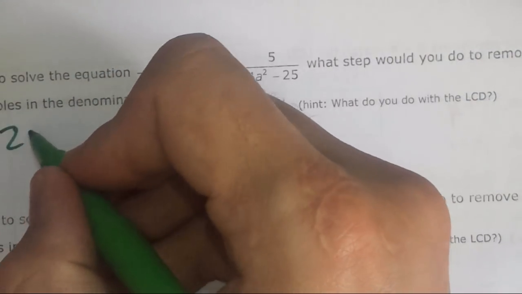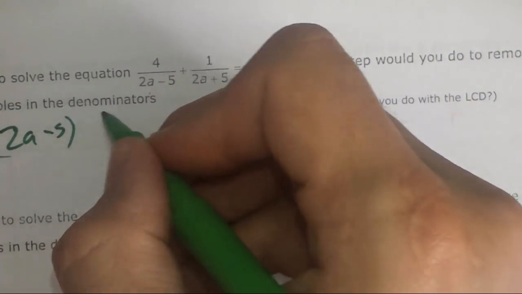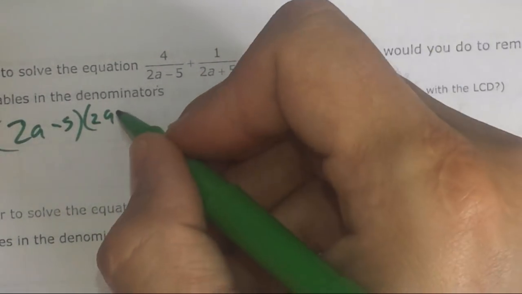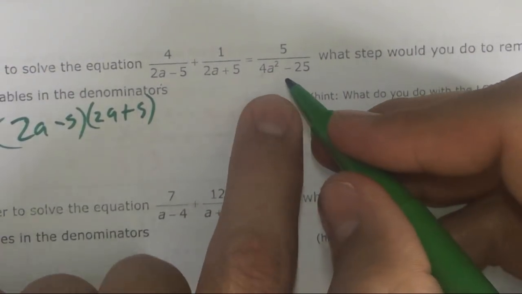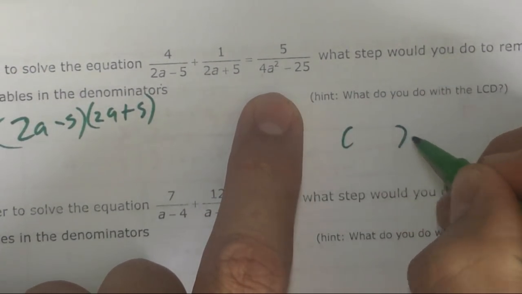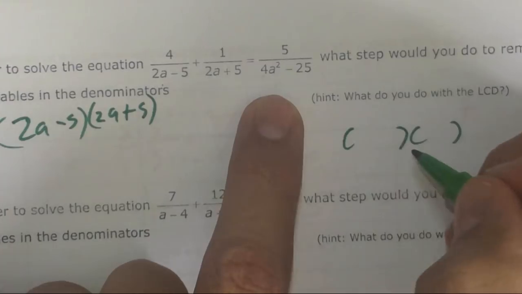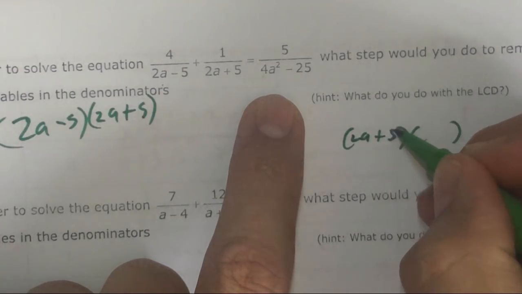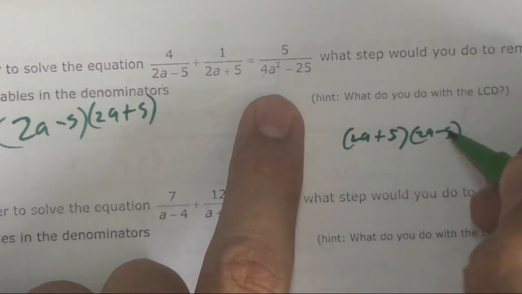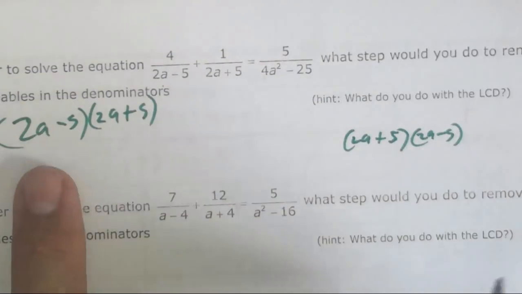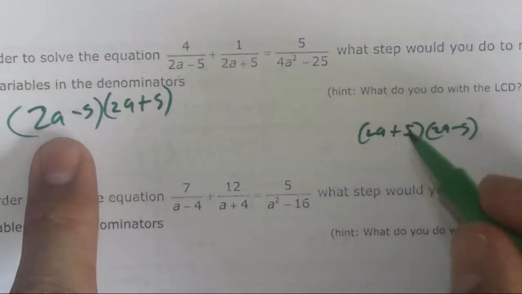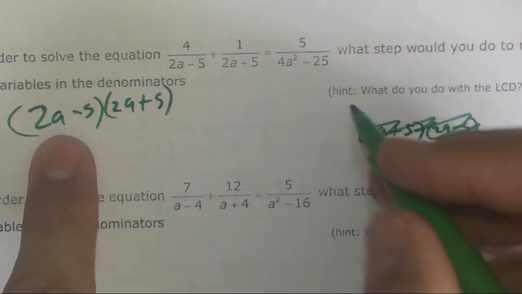So, one factor, 2a minus 5. This one's different. 2a plus 5. This is a difference of squares, so that's going to be 2a plus 5, 2a minus 5. Those match. I don't need them if they're not unique.